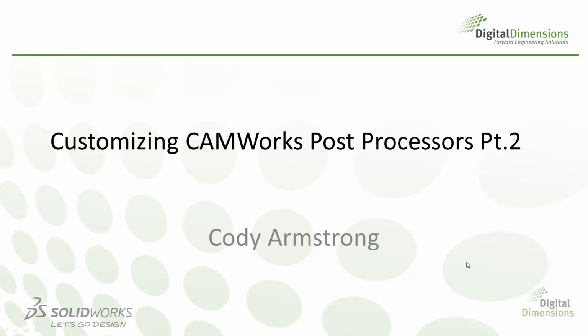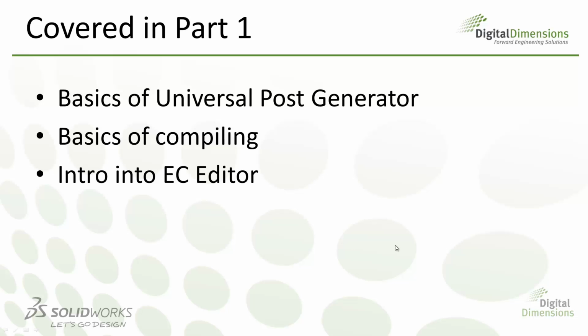First off, I want to get into what we covered in the first part of the CADcast. The first part was the basics of Universal Post Generator, the UPG, how to build a real basic post using the UPG, and how to compile it. We went into some basics of compiling as well.